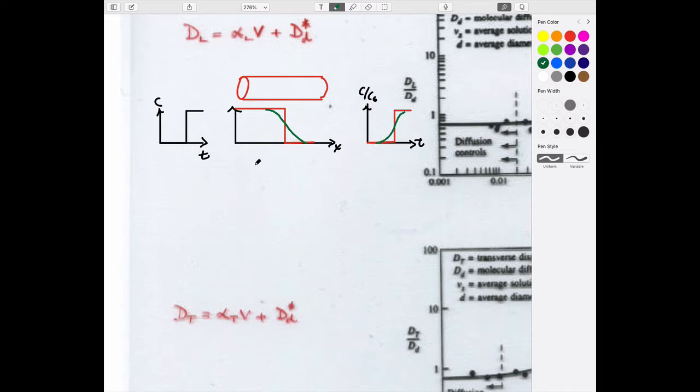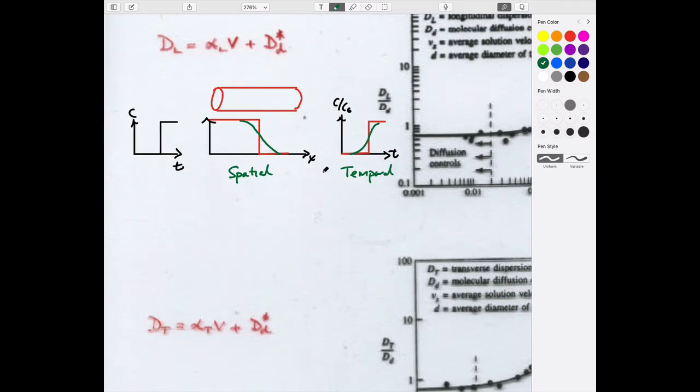So this is, if you like, the spatial, and this is the temporal response. So this is how the concentration rises as you're there to greet it. So initially there's no concentration. As time goes on, it builds until basically the plug has worked all the way through.